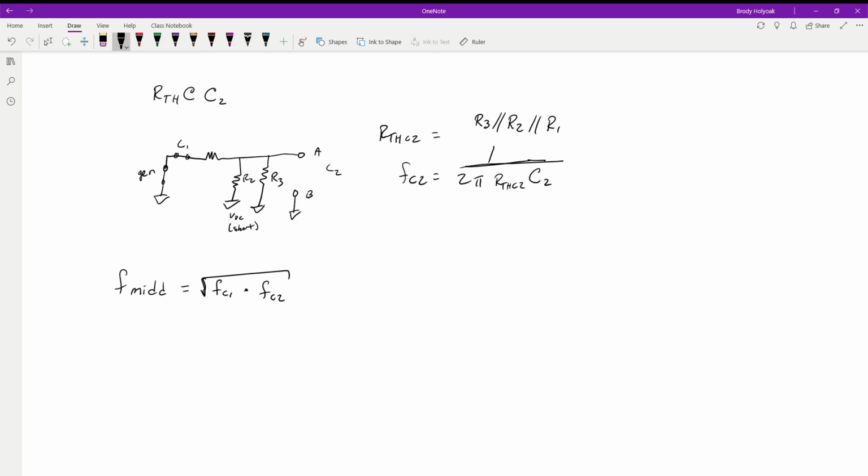So we're going to accept that that's where it is, but that's how we find our F middle. So we take critical frequency 1 multiplied by critical frequency 2, take the square root of that value, and then we're good. So at that point, now we have our 3 frequencies to solve for. Then we're going to go through and solve for the voltage out at each of these points.